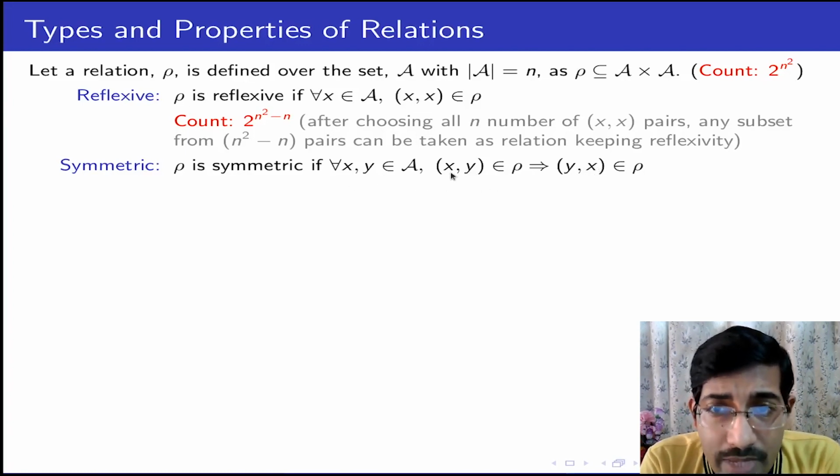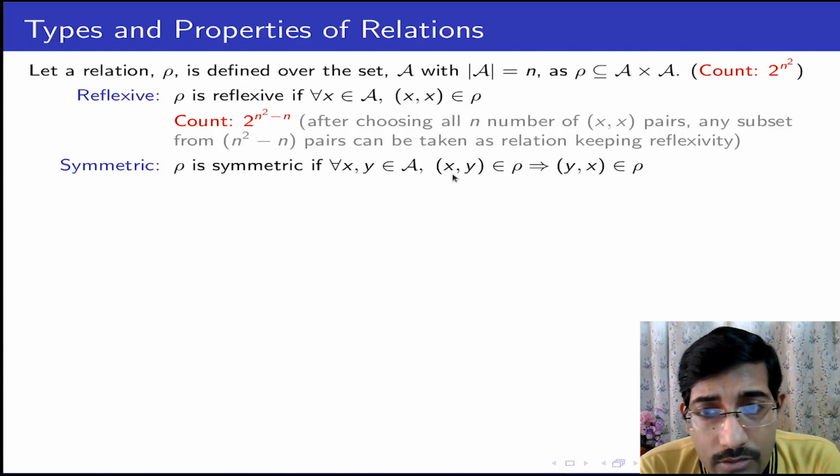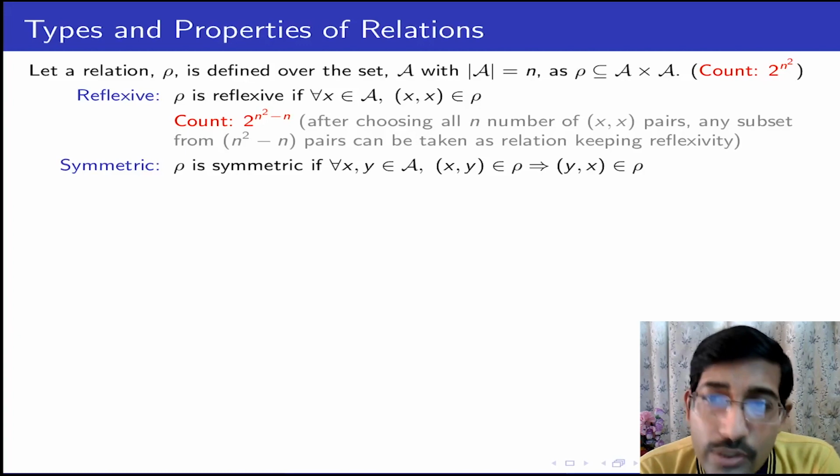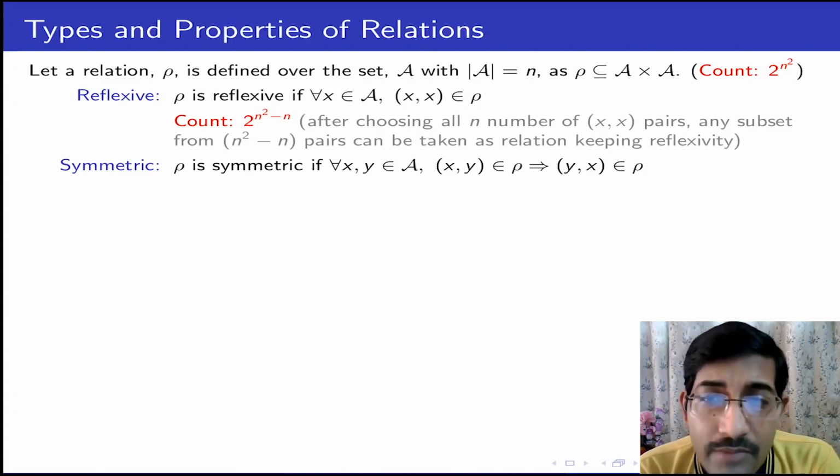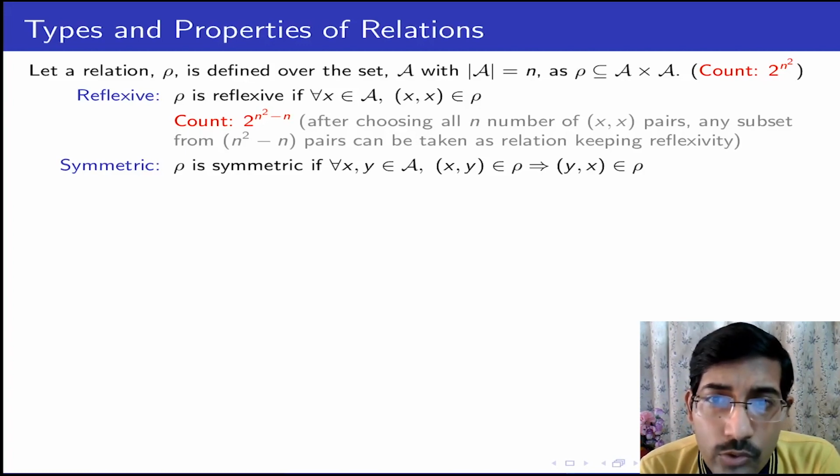So, for example, again a naive example, let's say person x is a brother of person y. So this brother relationship, the reverse also holds. So y is also a brother of x, maybe elder, maybe younger. I am not talking about age, but I am saying x is a brother of y. My relationship is brother, whether 2 elements are brothers or not. So if I take (x,y) into the relation, then (y,x) must also be in the relation.